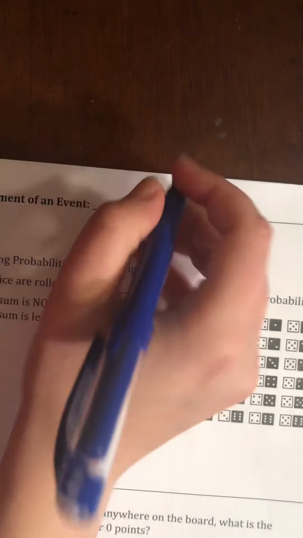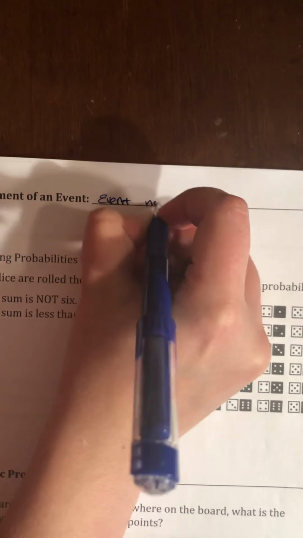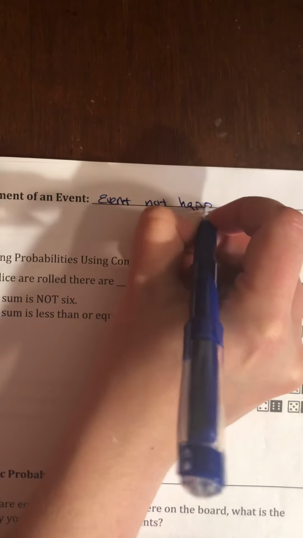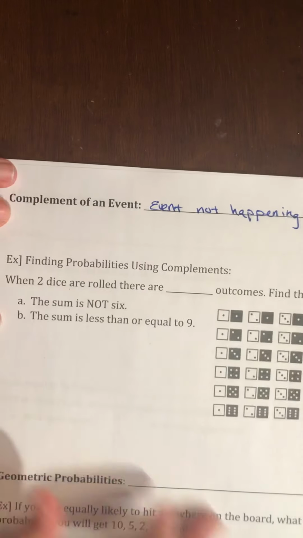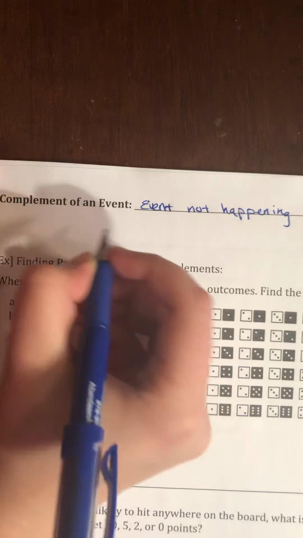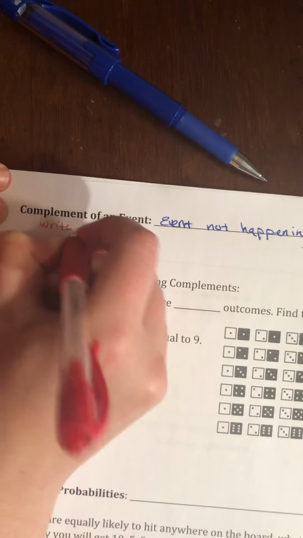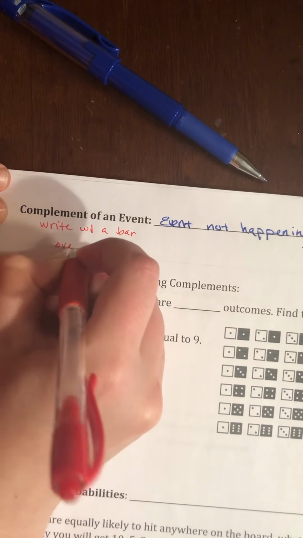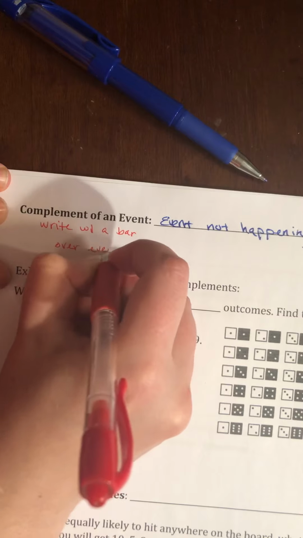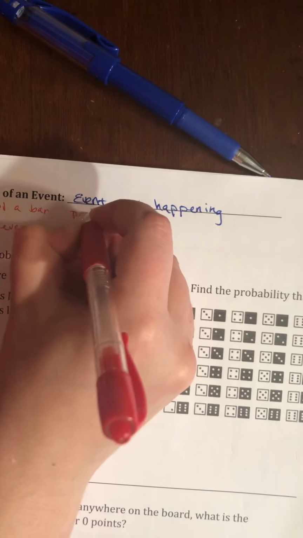So the complemented event is an event not happening. The way we represent that is we write it with a bar over the event.